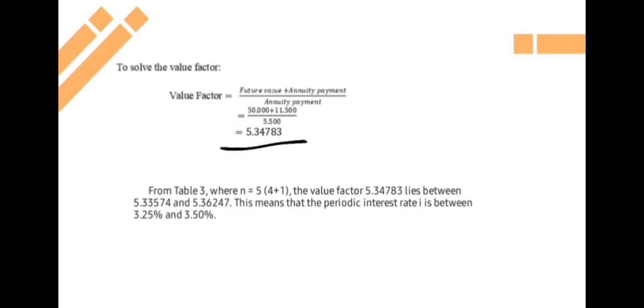So, from table 3, where n is 5, kasi nga yung ating n na 4 is mag-a-add tayo ng 1. So, magiging 5 siya. So, the value factor 5.34783 lies between 5.33574 and 5.36247. This means that the periodic interest rate I is between 3.25% and 3.50%.